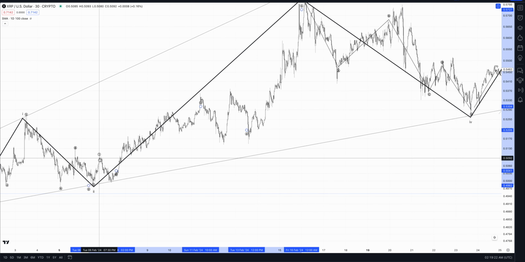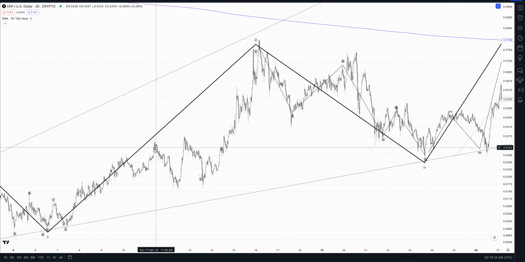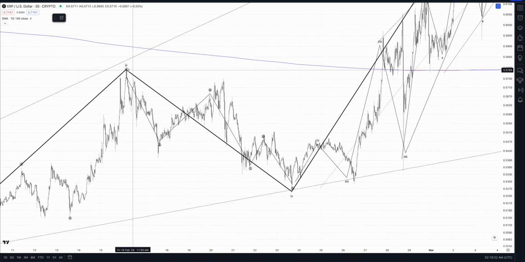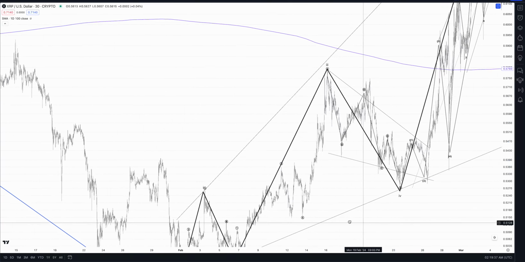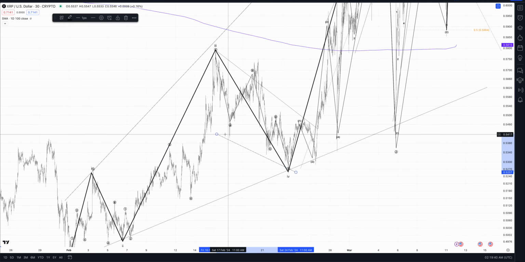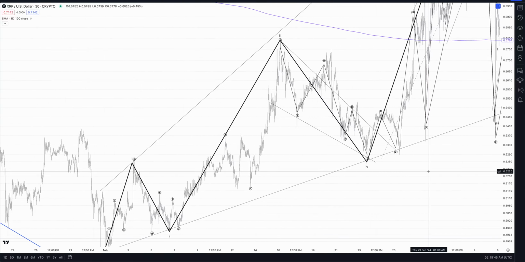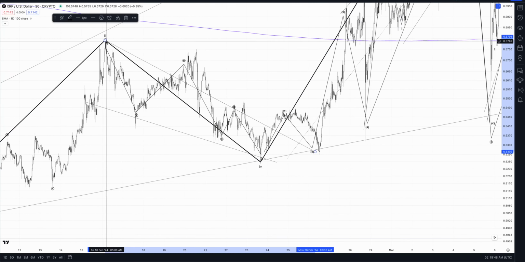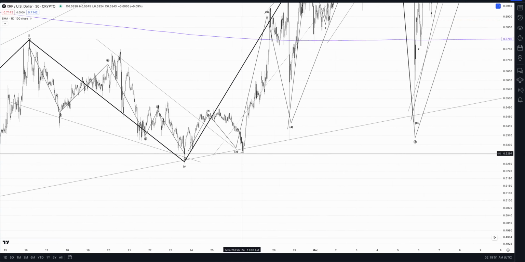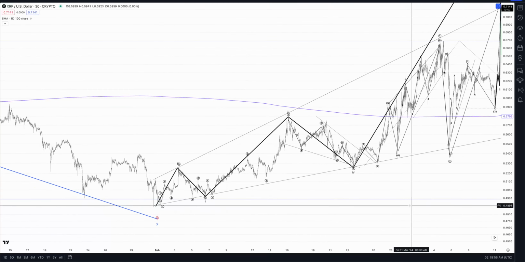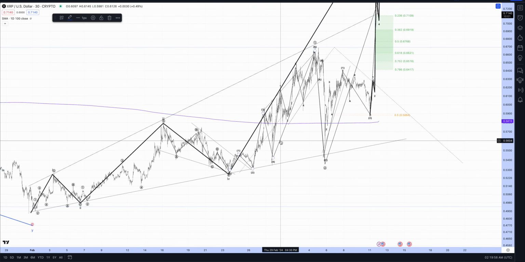Another 5-wave up for your wave 3. You then have a triangle pattern or a falling wedge for your wave 4. And then you start your 5th and final leg of your subwave 5 to the upside.